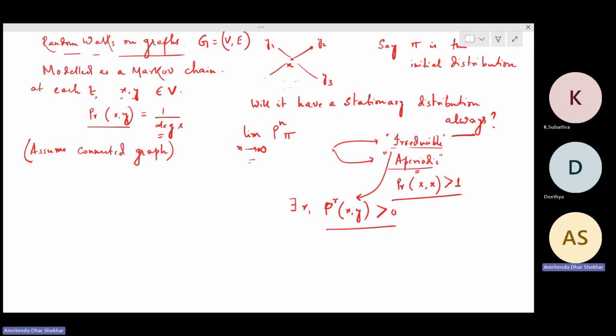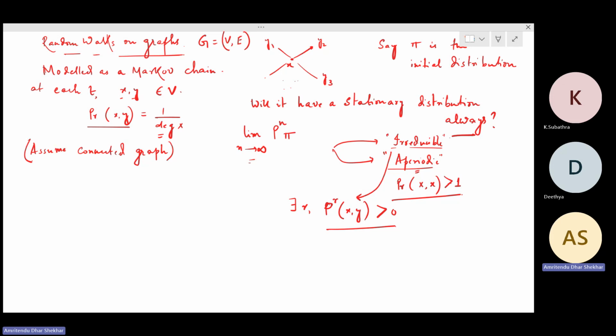The answer is yes, because if I assume that my graph is connected, then given any vertex X, I can always go from that vertex X to any other vertex in the graph. Not necessarily in the first time step, but in some of the later time steps. So this is an irreducible Markov chain.